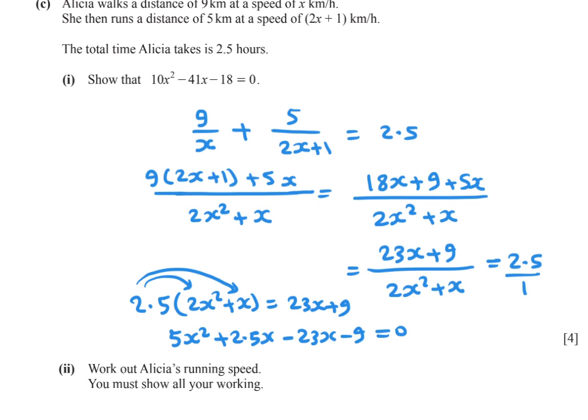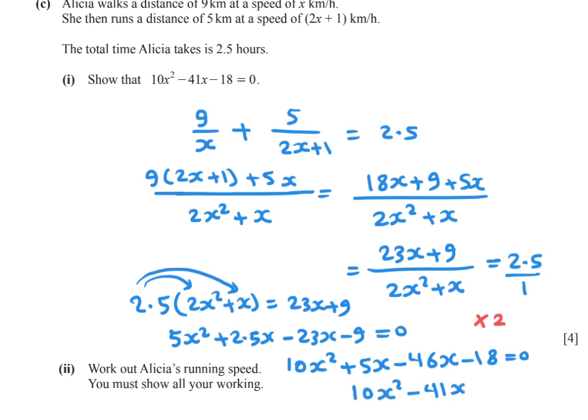You can multiply both sides by 2. So you have 10x squared plus 5x minus 46x minus 18 equals 0. Now combine the like terms. 5 minus 46 is minus 41. So 10x squared minus 41x minus 18 equals 0.